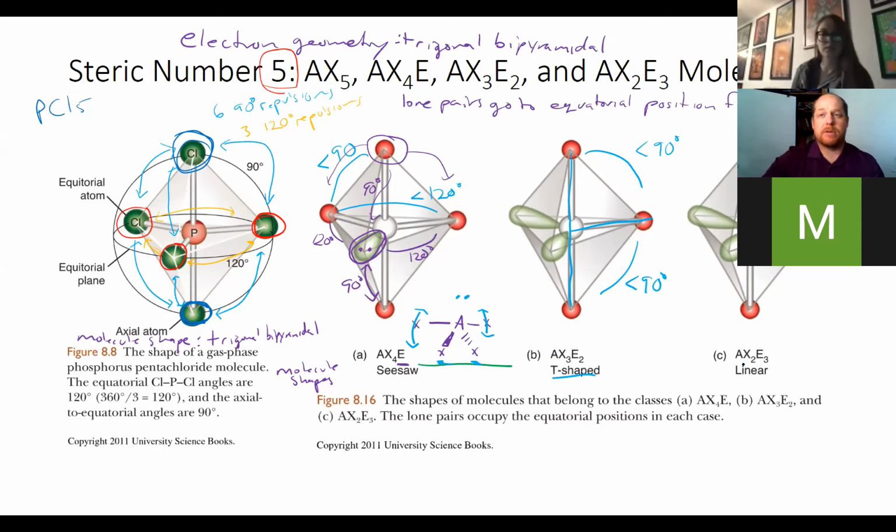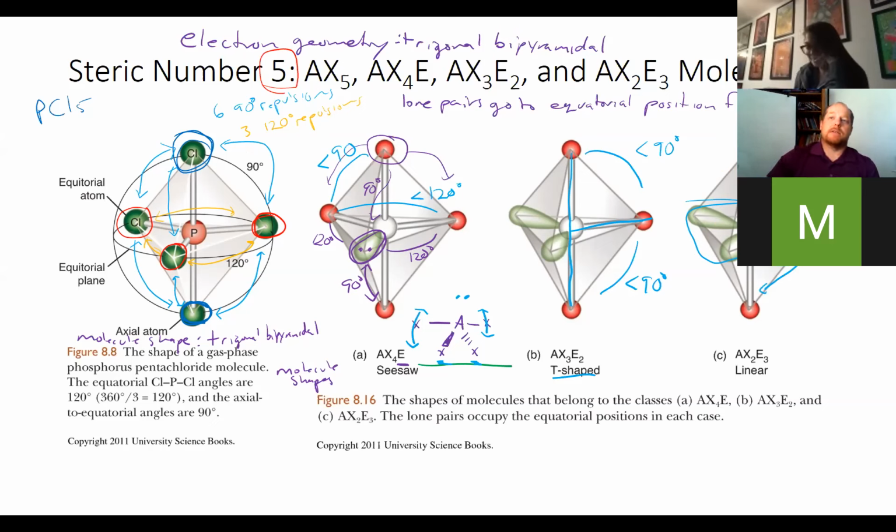If you replace three bonded atoms with lone pairs, all three of those lone pairs are going to go in the equatorial position, okay? And so what that leaves you with is something that's linear, and that one will have a 180-degree angle. That's just going to be 180 degrees between those two bonds, okay?